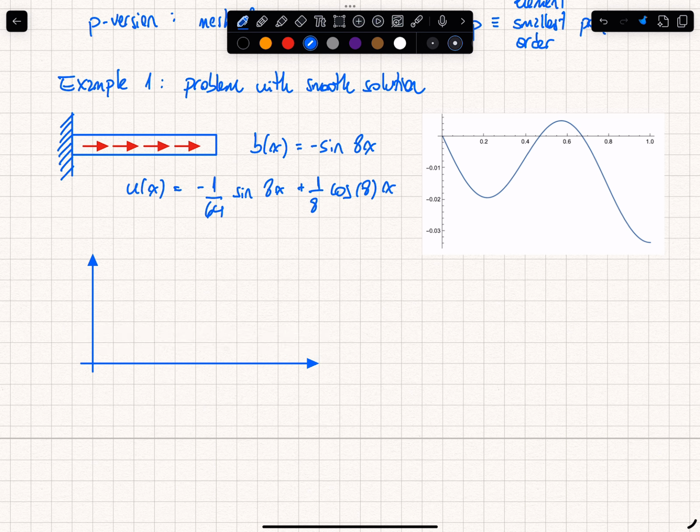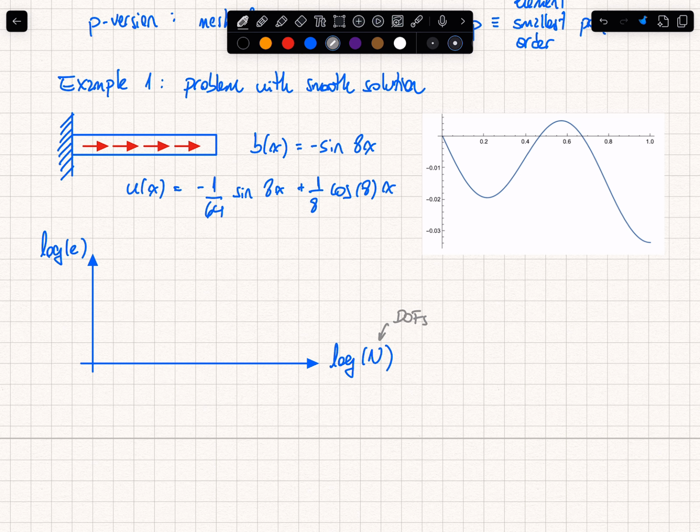So if this is the log of E being some sort of error, again, we look at the energy norm of the error, as we saw multiple times. And this is log of N being the number of degrees of freedom of the problem.